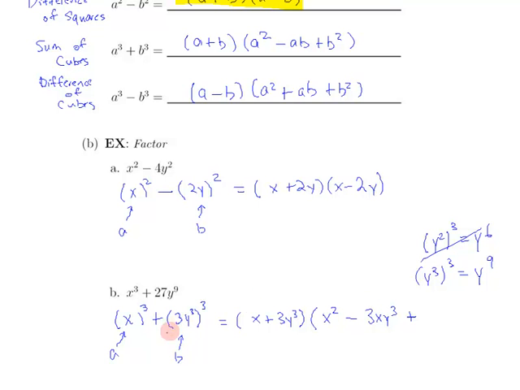I'm going to square 3y cubed, right? That's what's going to go right there. So I'll go ahead and work that out. 3 squared is 9. Y cubed squared, you multiply the exponents, is y to the 6th. There you go. That factors.